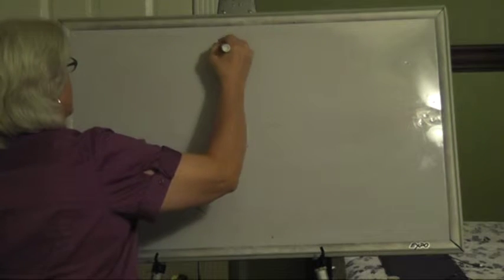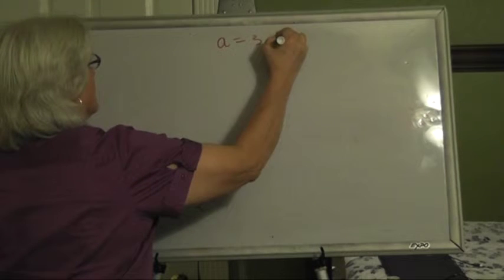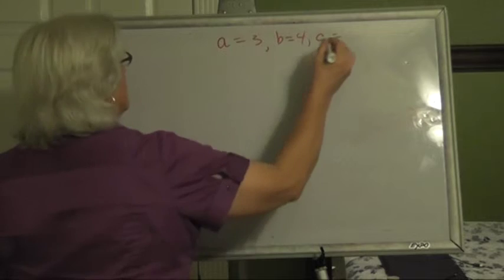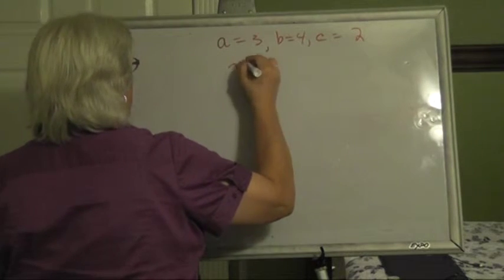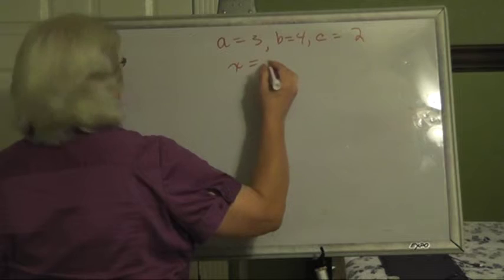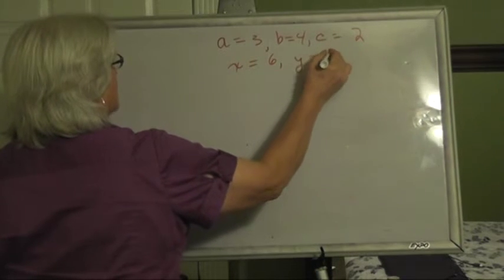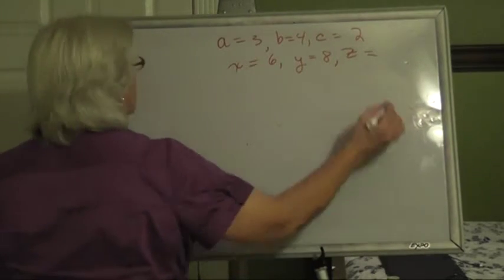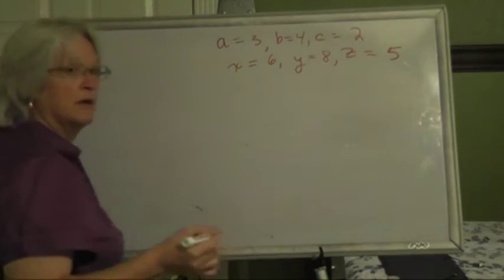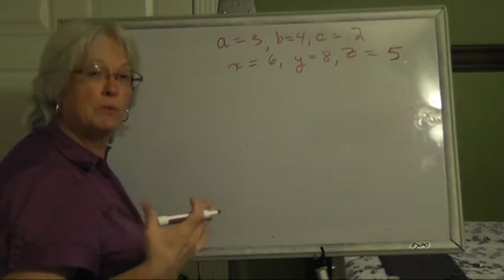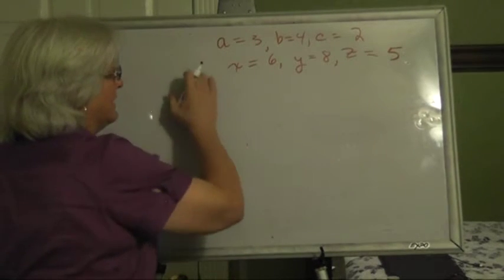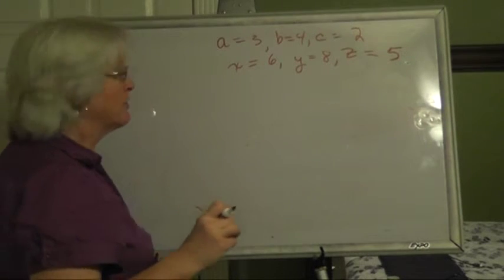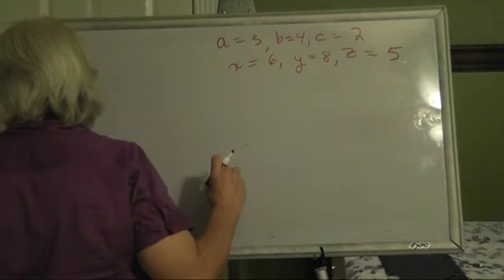And they say A is equal to 3, B is equal to 4, C is equal to 2, X is equal to 6, Y is equal to 8, and Z is equal to 5. Okay? They're using 6 different variables throughout these problems. It's not likely that any of them use every single variable, but they're giving you the values for everything at the beginning.